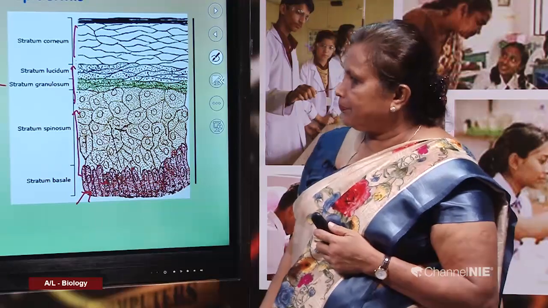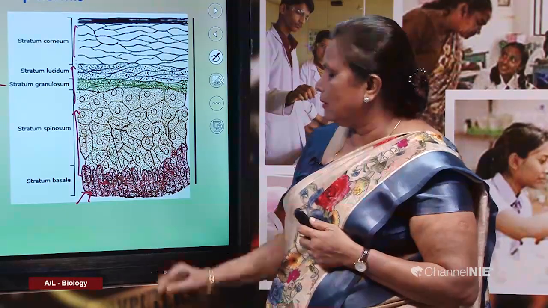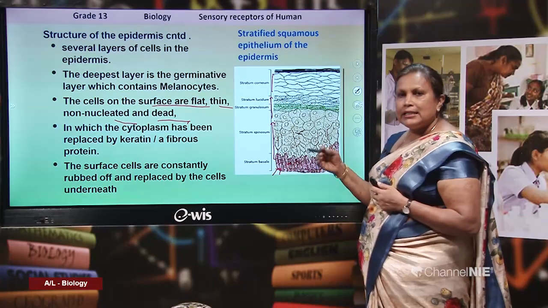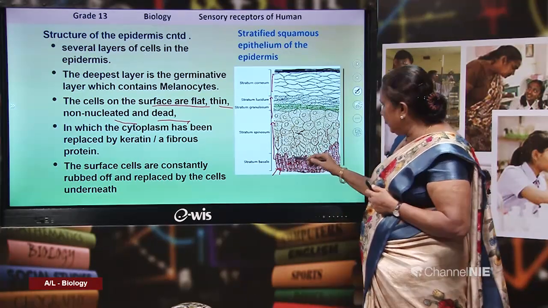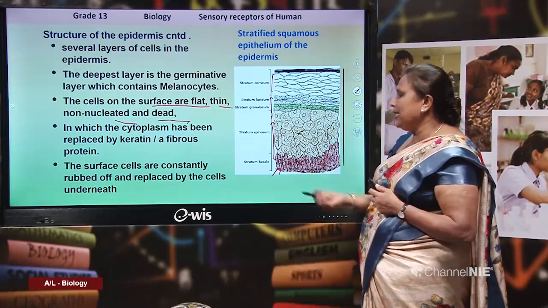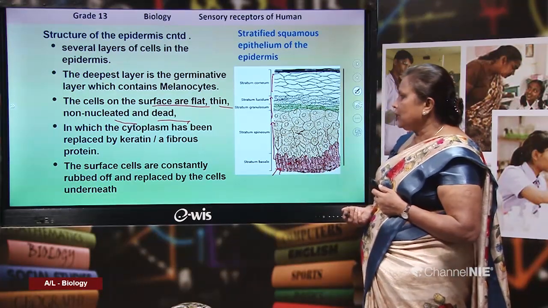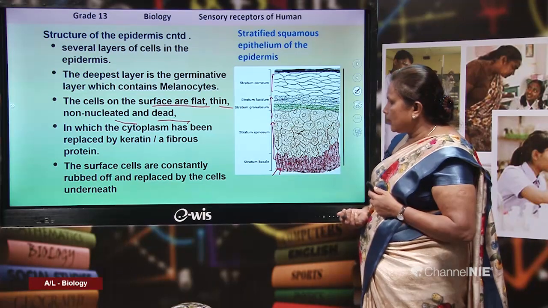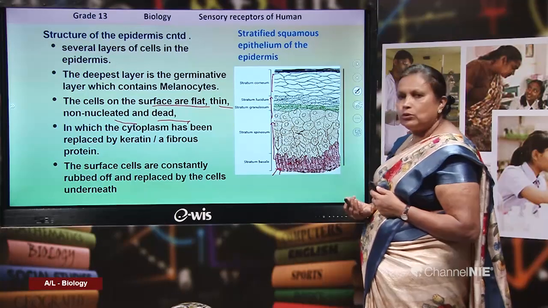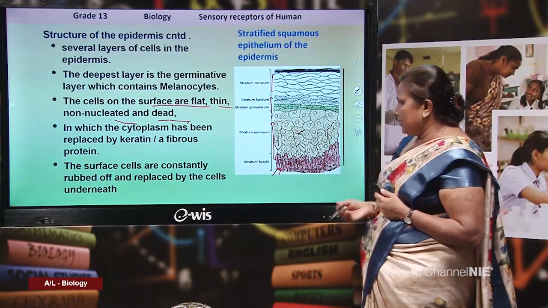Another important thing is that the germinative layer contains melanocytes. Melanocytes secrete melanin, which is present within cells. Melanin is a protein which gives the specific color to the epidermis.